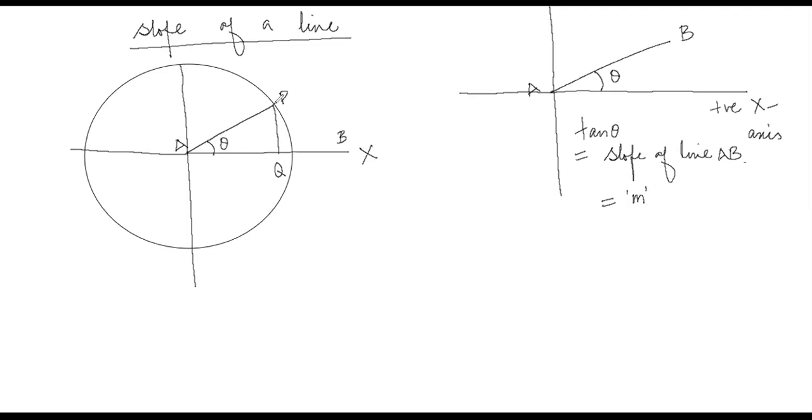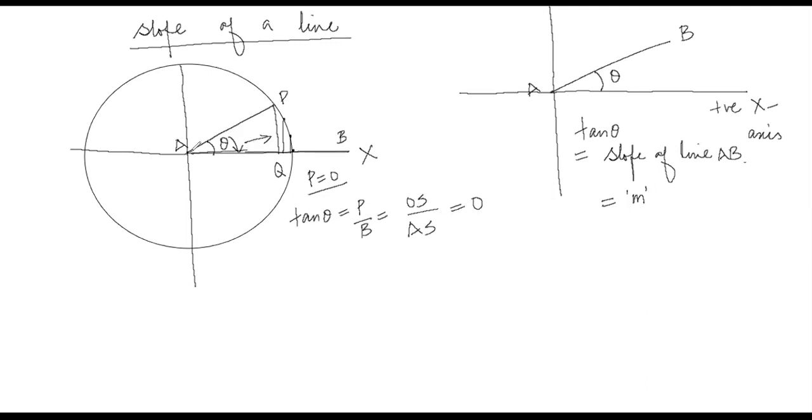As P moves from this point to this point to this point, what you can observe is the perpendicular is getting shortened, to the extent that when P drops on the x-axis, the perpendicular becomes 0, and hence tan theta, which is perpendicular by base, or opposite side by adjacent side, becomes 0. Now, this is the x-axis, students.